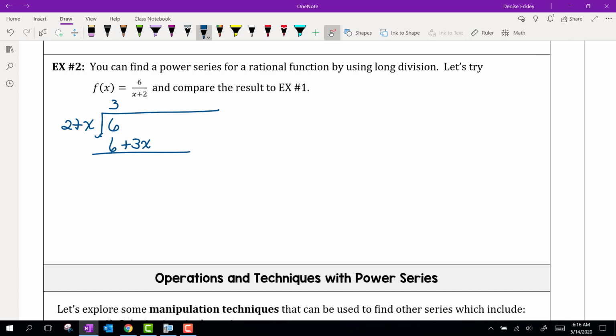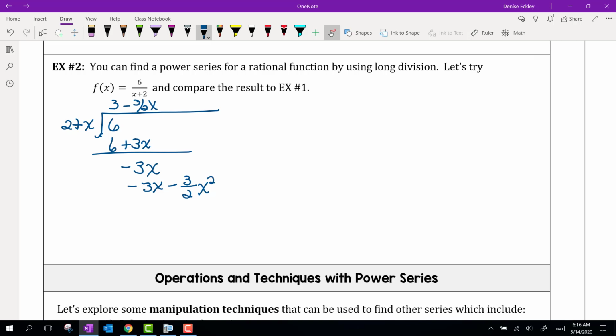And then we'll subtract, and we get a negative 3x. And then that's going to go in negative 3 halves x times. So multiplying that out, we're going to get our negative 3x, and then the other term is going to be minus 3 halves x squared.